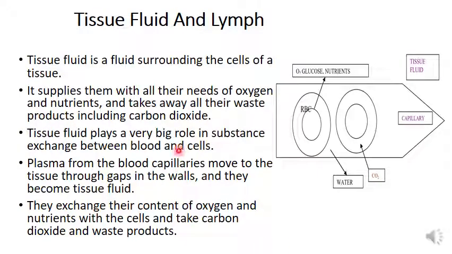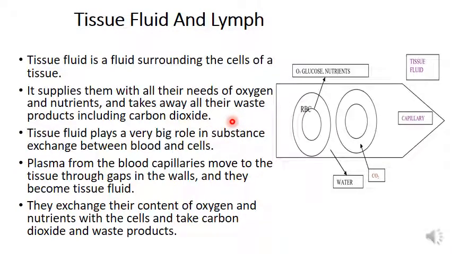So tissue fluid now. Tissue fluid is a fluid surrounding cells of a tissue. It supplies these cells with all their oxygen and nutrient needs, and removes all the waste, especially carbon dioxide.